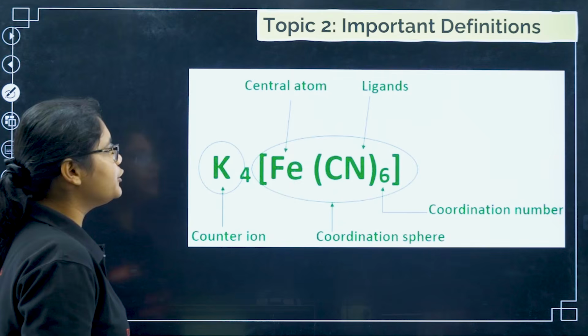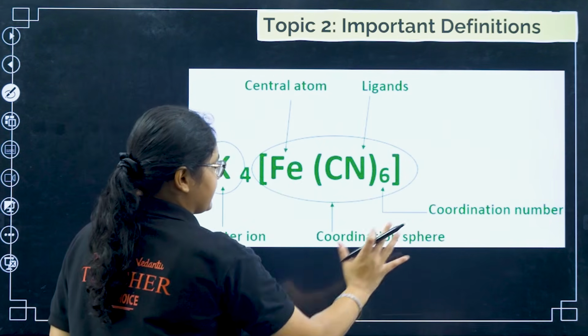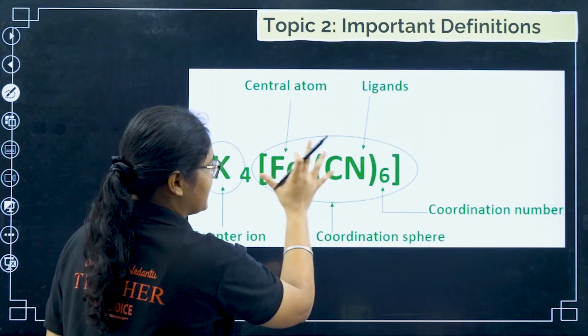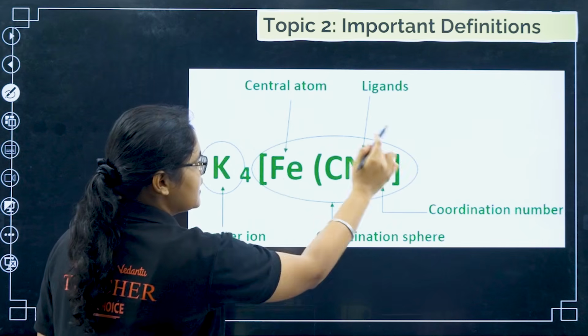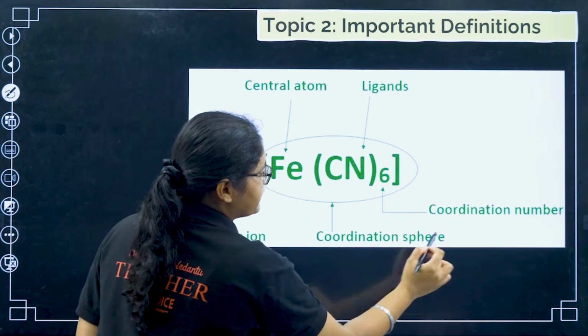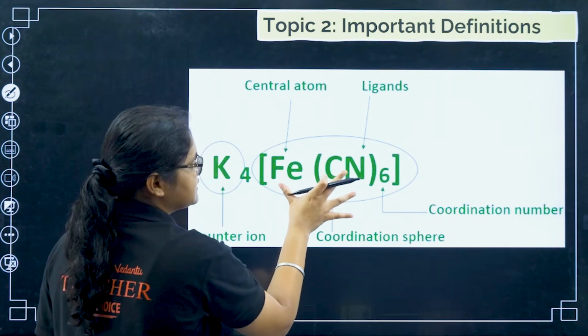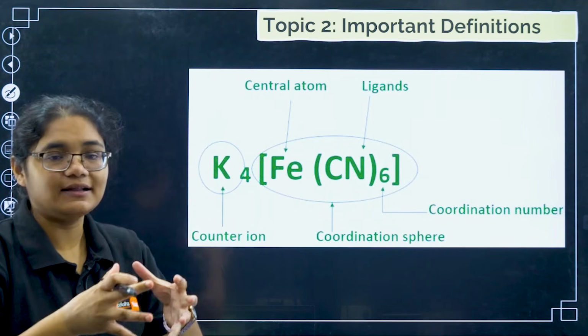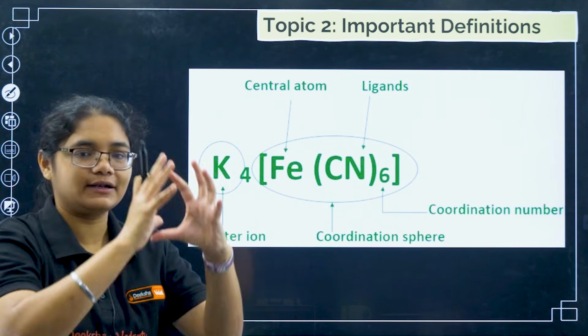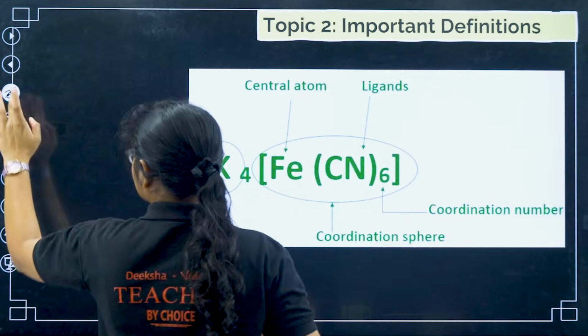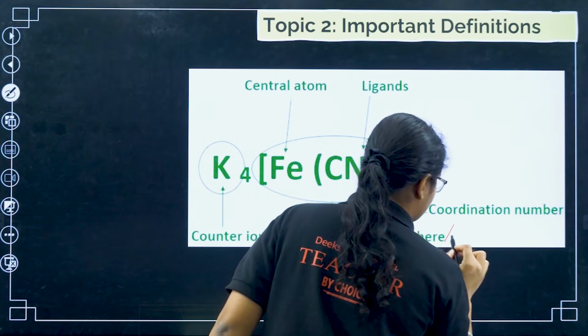Okay, now you can see this whole thing. This square bracket, whatever is present inside this whole thing, this is called the coordination sphere or entity.